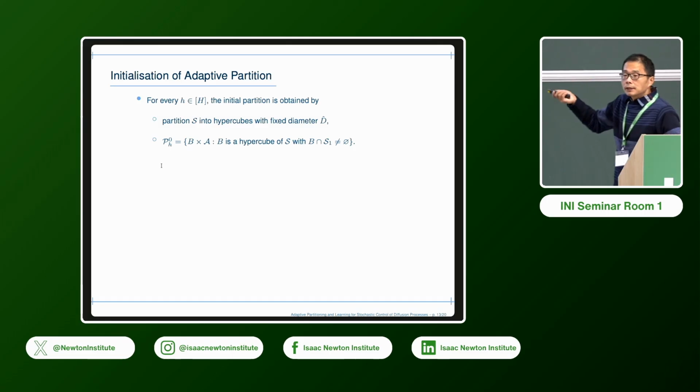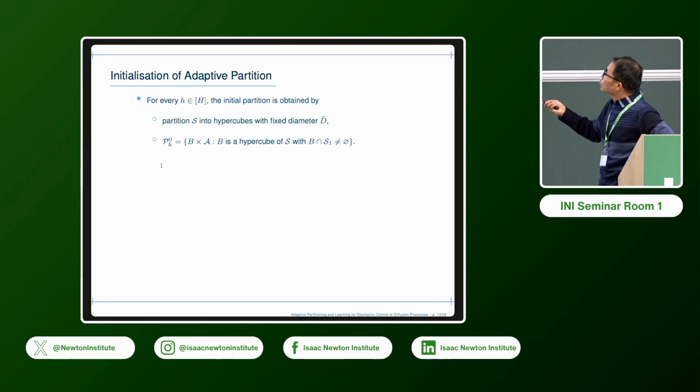Our action space is finite, and all those blocks are in S. I call the big ball S1. All blocks in S1 are also finite, so we have finitely many blocks in the initial partition.